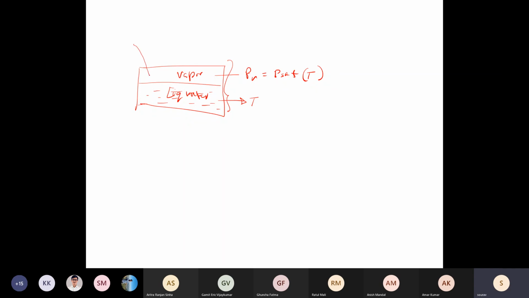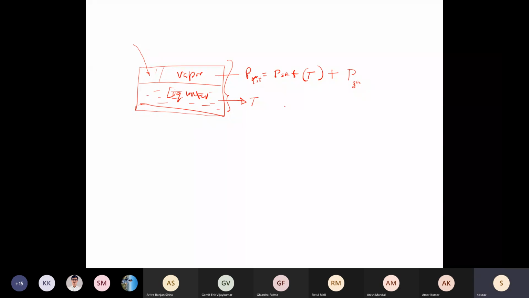Now, in case you inject some non-condensable gas, let's say air, hydrogen, helium, anything, any gas which does not condense at this particular temperature, then the pressure exerted by the gaseous phase will be equal to the partial pressure of the water vapor plus the partial pressure of the gas which you are injecting. That would be equal to your total pressure.